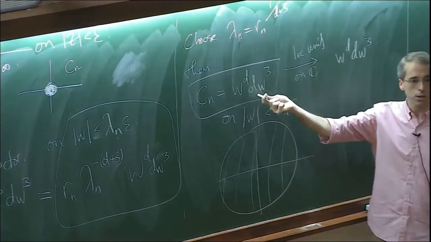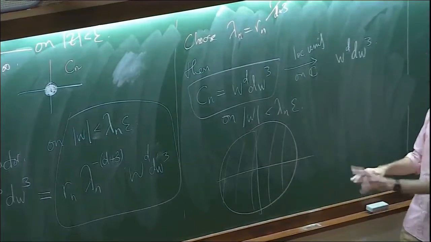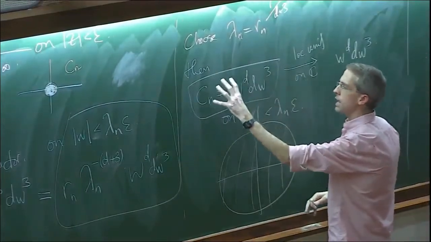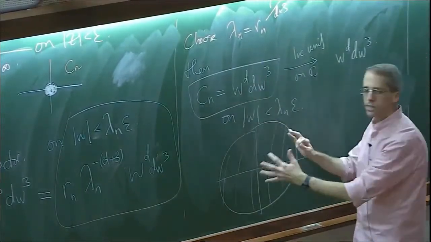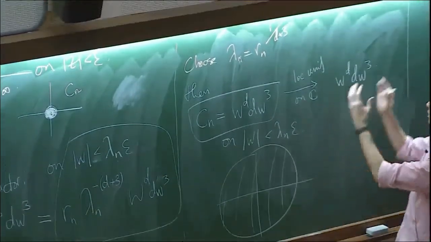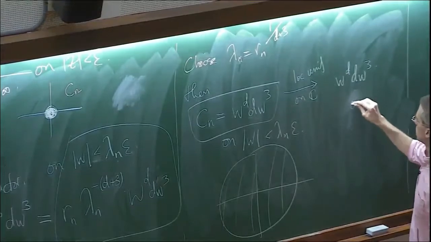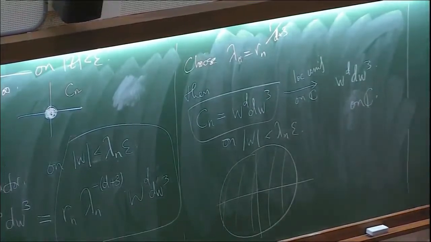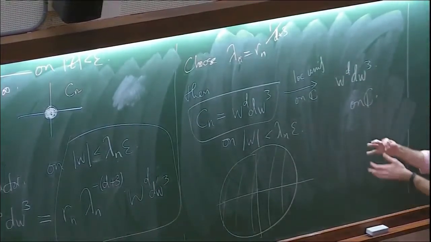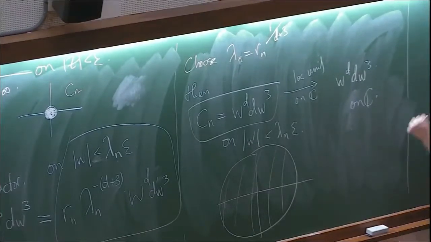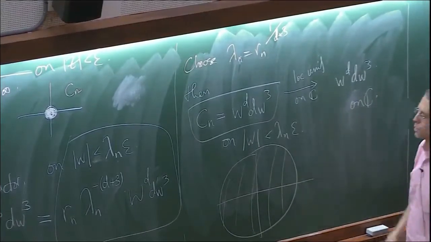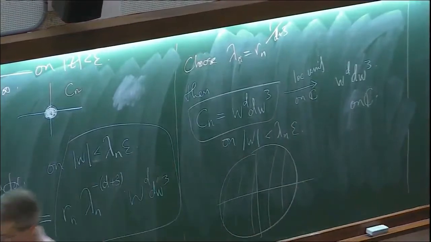W to the d dw cubed each time. But for any given value of n, the thing in the box here is only defined on some disk. The thing on the right is actually an entire cubic differential, right? This is on C. But as n goes to infinity, lambda n goes to infinity, and it eventually engulfs the entire plane. So that's the sense in which we have locally uniform convergence.